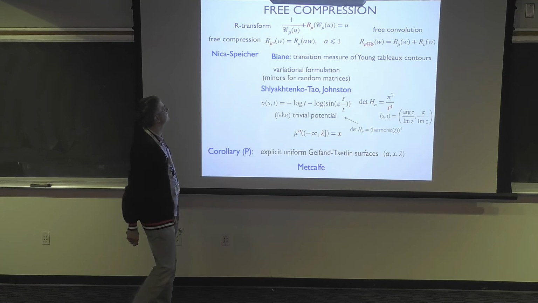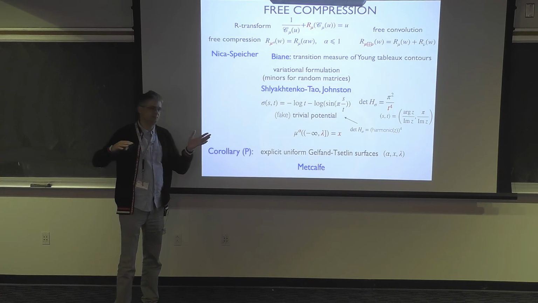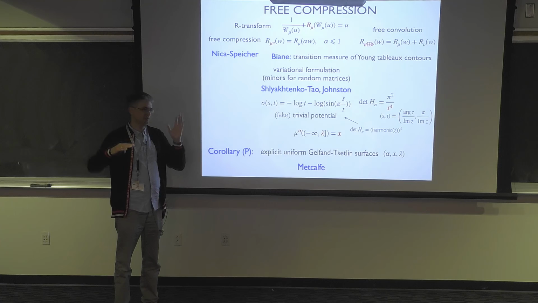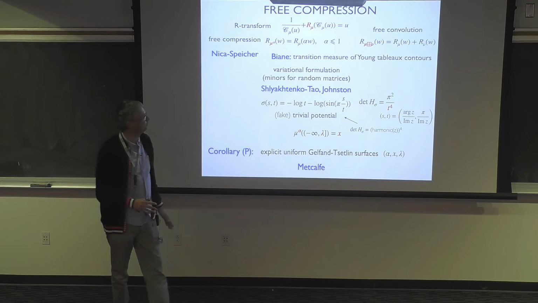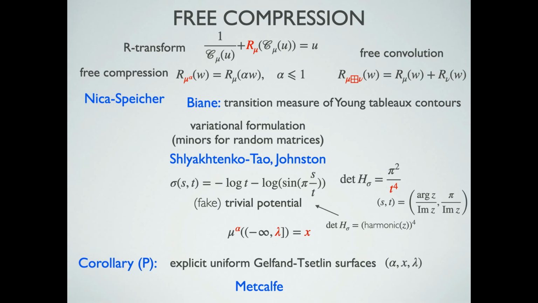It's related to the free convolution. And Bianc, in fact, described the limit shapes of Young tableau limit shapes in terms of this free compression. So the transition measures of the contours are given by this free compression.